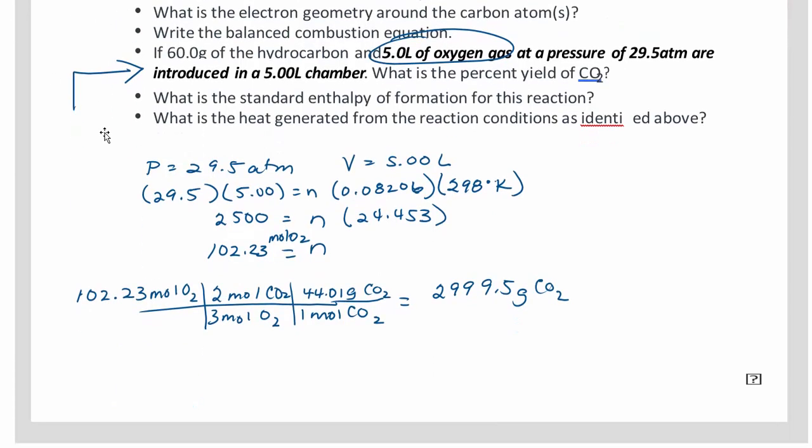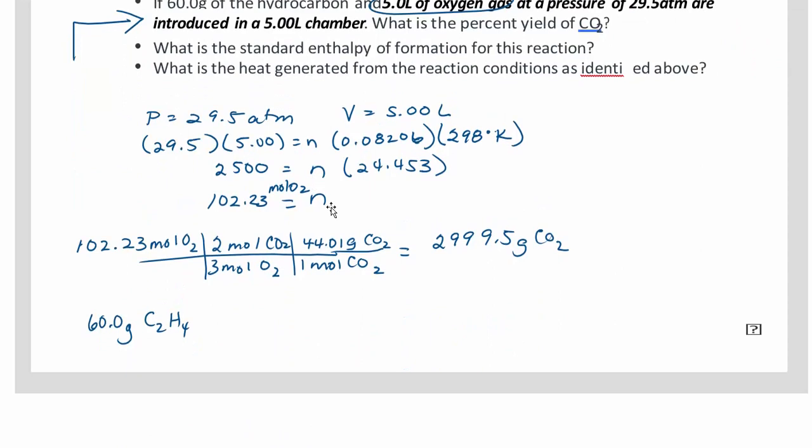Well, what about 60 grams of my hydrocarbon? Well, 60 grams of C2H4, which I believe was our hydrocarbon, has a molar mass. That's what I need first. So the moles of C2H4, well, carbon is 12.01 times 2 plus 1.01 times 4, I get 28.06 is the molar mass of C2H4.